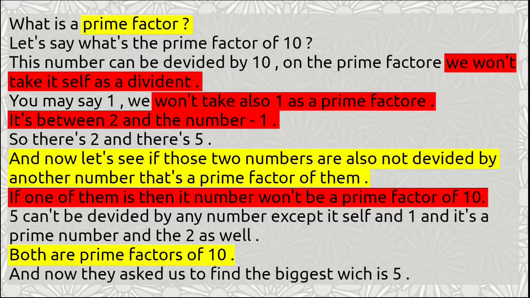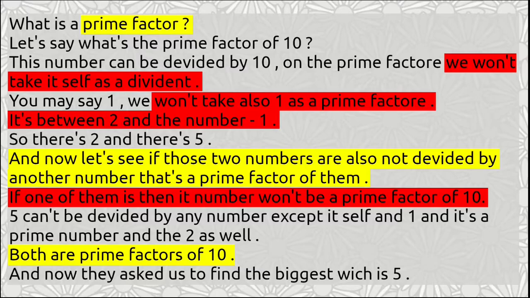And now let's see if those two numbers are also not divisible by another number that's a prime factor of them. If one of them were, then the number wouldn't be a prime factor of 10. So 5 can't be divided by any number except itself and 1, and it's a prime number, and the 2 as well.